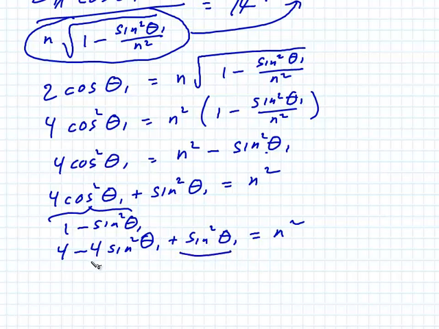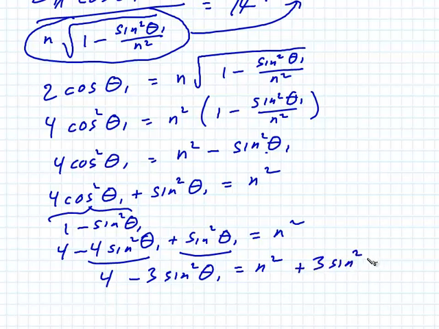Okay, here's one of them minus 4 of them is minus 3 of them. Minus 3 sine squared theta 1. 4 minus that equals n squared. Let's bring this to the other side. So I'll say plus 3 sine squared theta 1, and bring this n squared over here.